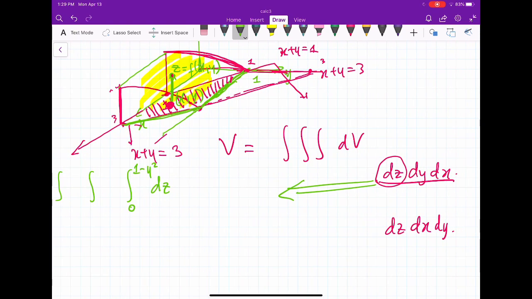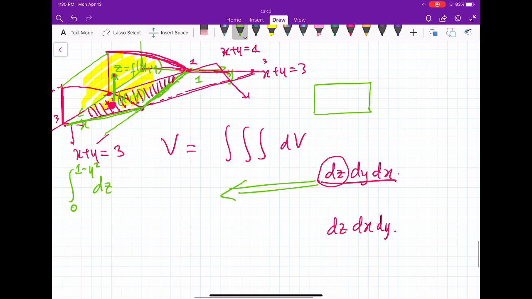Look at this, our region in the plane, right? So let's make that correctly, otherwise we cannot find the integration limits. So I have x in here, y in here. The first one is x plus y equal to 1.